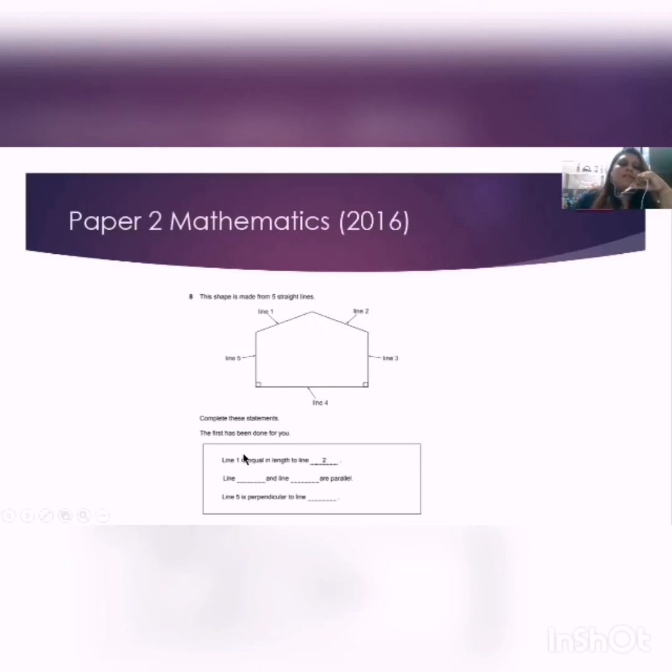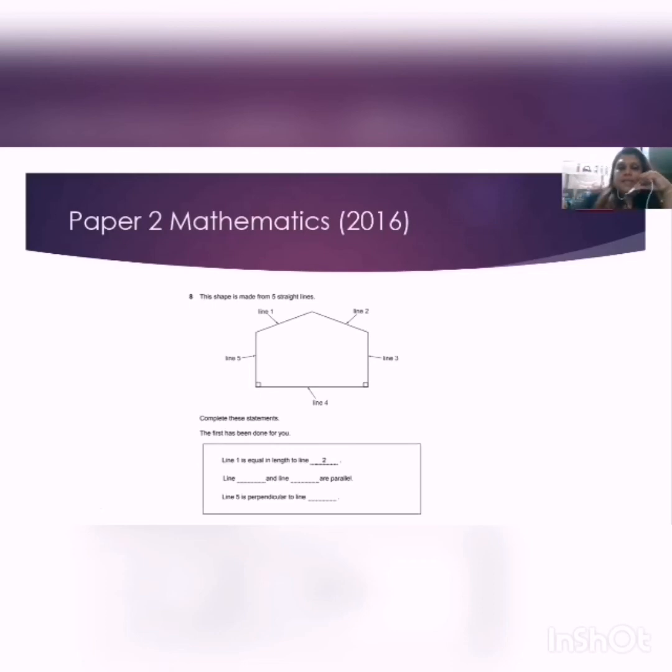So let's look at the first one. Which line and which line are parallel? Before you answer this, you have to know what parallel is. Parallel lines are 2 lines which do not meet. The distance is the same, but they do not meet, which means they do not intersect.